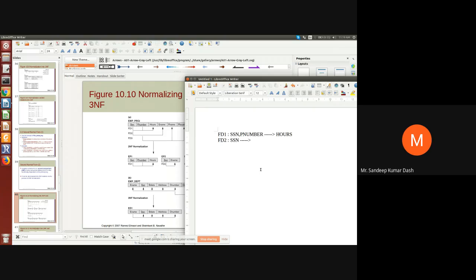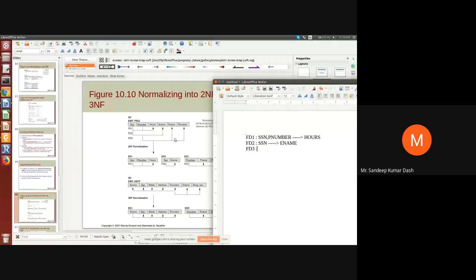SSN determines ename. Similarly, FD3 is P number determines P name and P location.